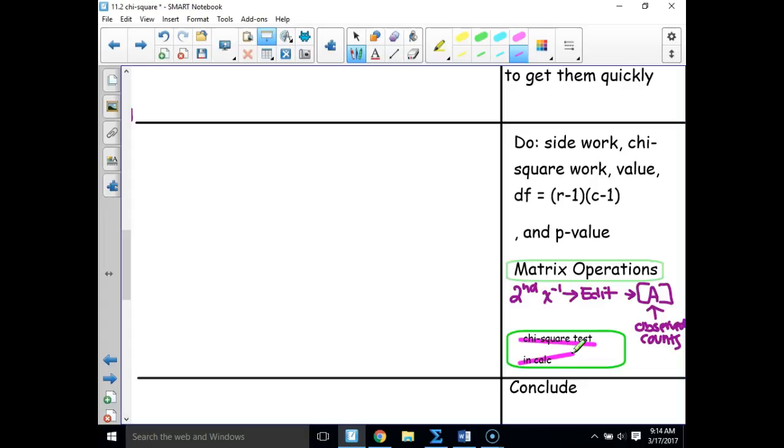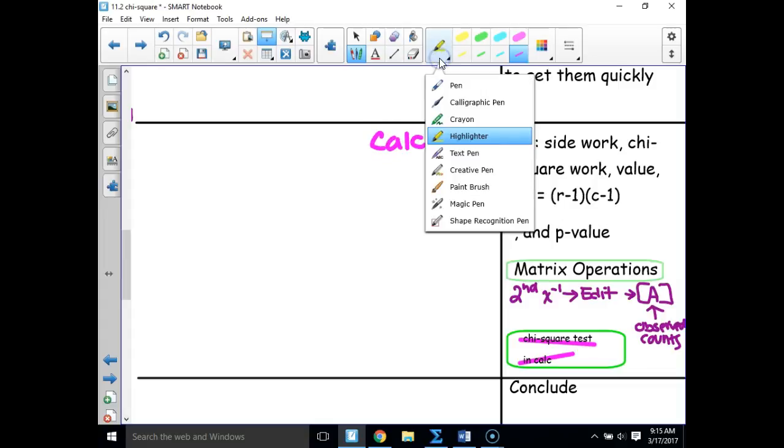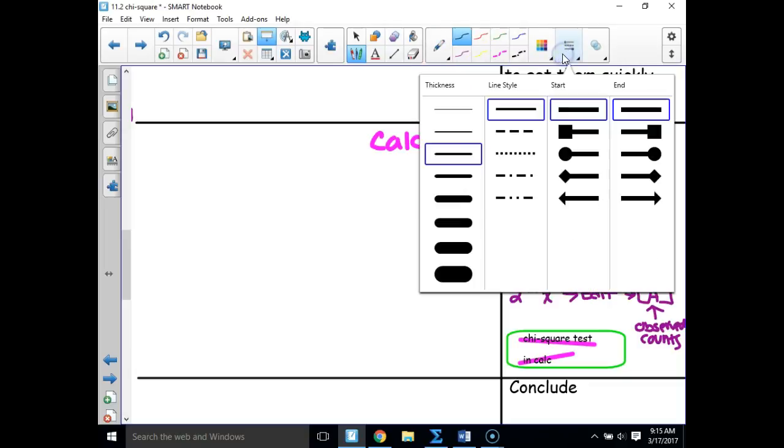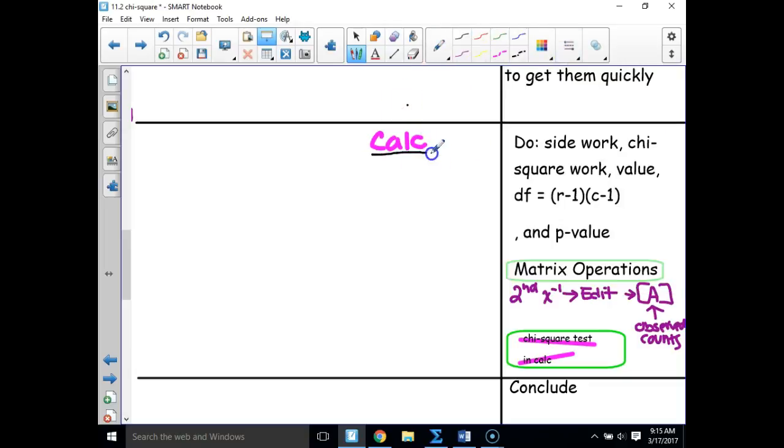In your calculator you should see this. Is everyone at the chi-square test?